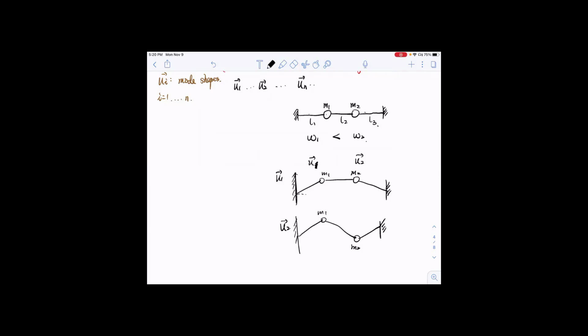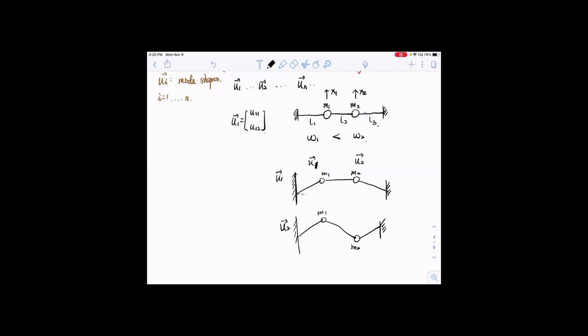So what is U? Let's say we use a coordinate x1 to describe the position of M1, and then we use a coordinate x2. So your U1 will be U11, U12. What's the meaning of your U1?